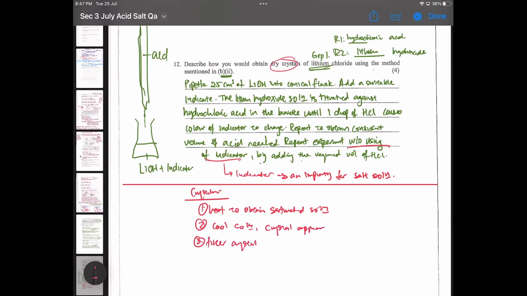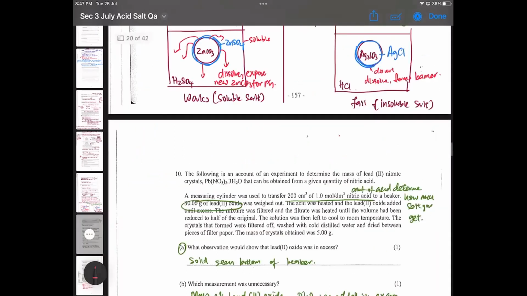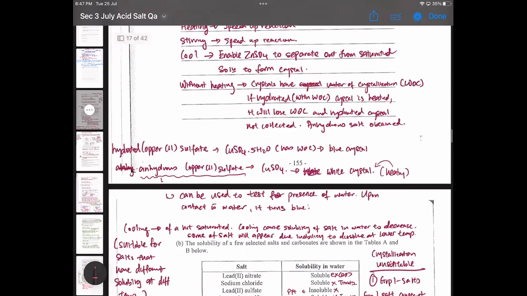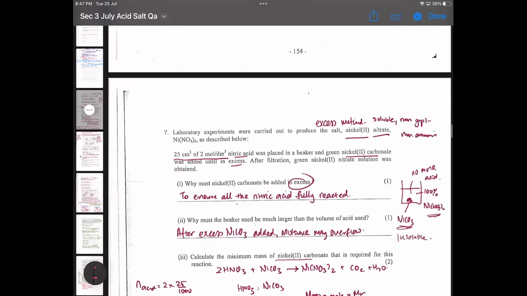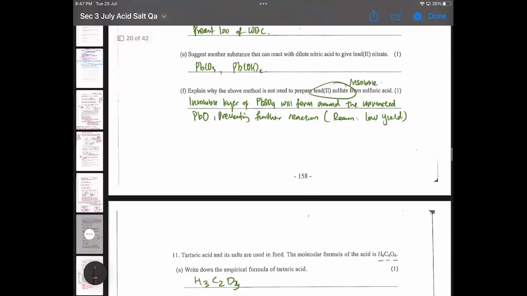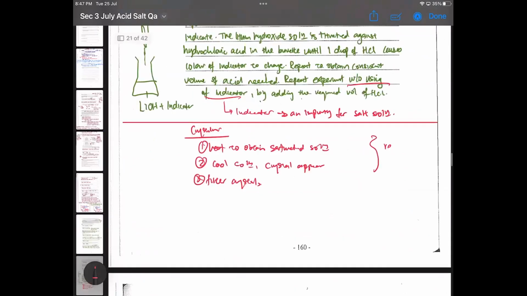We filter the crystals. I just put in short form here, whatever is required. We already wrote it all here already, so I can put a note for full details: refer to question 6.